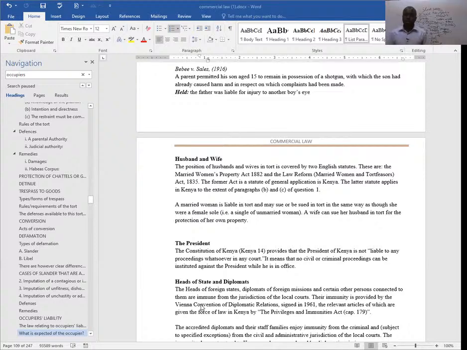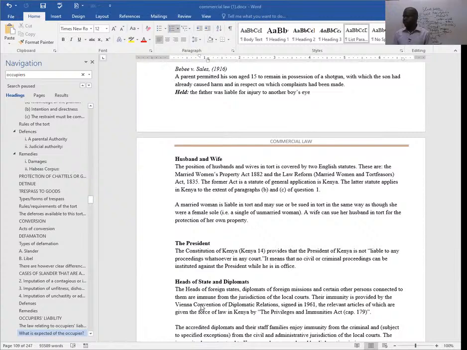For example, an ambassador of the United States in Kenya cannot be held responsible for any torts committed while serving as a diplomat in Kenya. It simply means that the only ones that can hold such a person responsible are the international courts, or the country of origin he has come from.